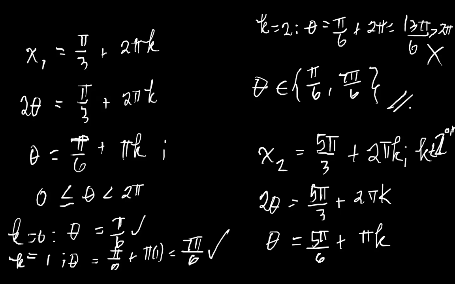So let's try identifying the values of theta by using the values of k. So we have theta is equal to 5 pi over 6 plus pi k. Okay, let's consider k is equal to 0. Why? Because if it's 0, then we could find a value which is less than 2 pi but greater than or equal to 0.